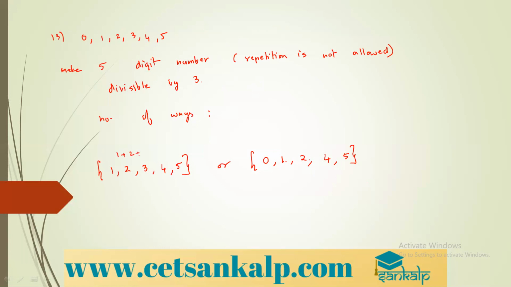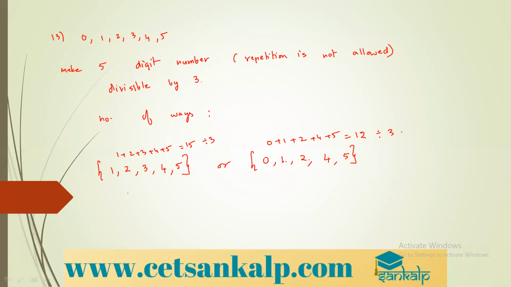Because 1 plus 2 plus 3 plus 4 plus 5, if you take this set of numbers, you get 15. It is divisible by 3. Similarly, 0 plus 1 plus 2 plus 4 plus 5 gives 12. This is also divisible by 3. Numbers are formed by these sets.